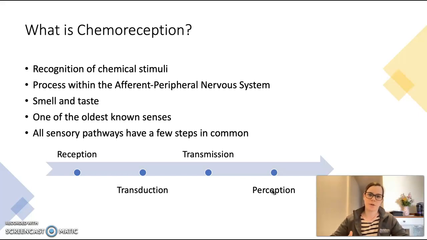Transduction: that's where you have a change in membrane potential that goes over the threshold and fires off an action potential. Transmission is the way in which the neurons take the action potential towards the central nervous system, and perception is when that signal makes its way to the central nervous system. That's how our brain interprets and perceives everything.